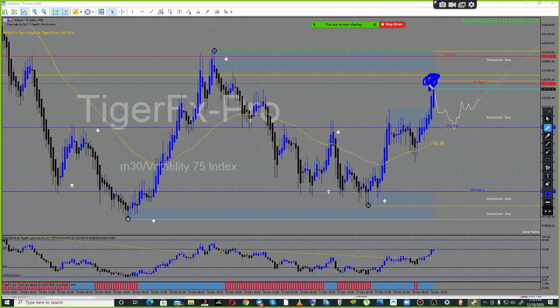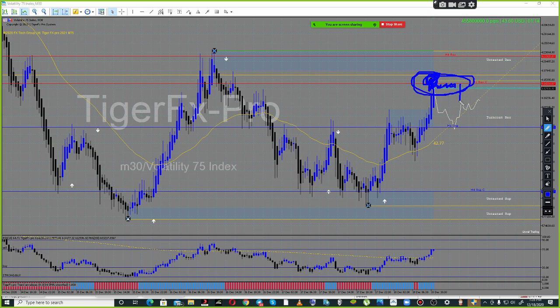It doesn't mean it's not going to break it, but it will find it difficult. This is where we're going to keep an eye on it.